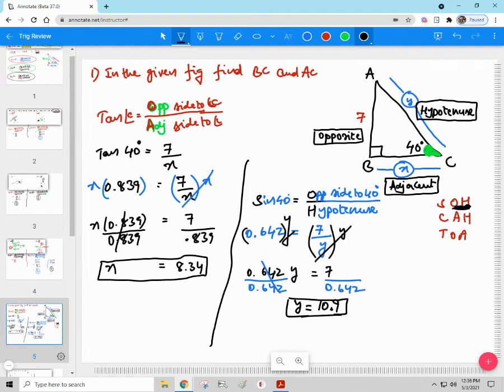So when one angle is given and one side is given, then you have to think of SOHCAHTOA. Which rule do you have to use? Is it sine, cos, or tan? That's what you have to think, and do accordingly. So in this example, when one angle and one side are given, how to figure out the other side, that's what I explained.